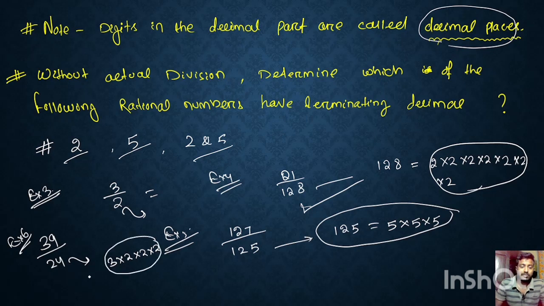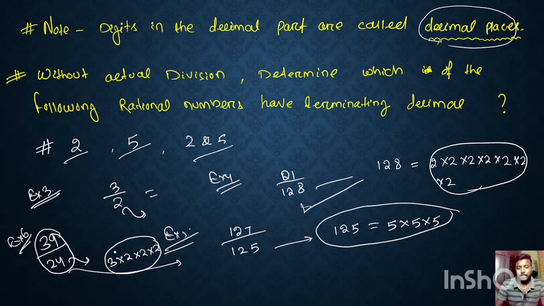But no, because this is not in standard form. When we check whether a rational number is terminating or non-terminating, first of all we check whether it is in standard form or not. Understand? Here 39 by 24 is not in standard form. That's why first we convert into standard form, then check.